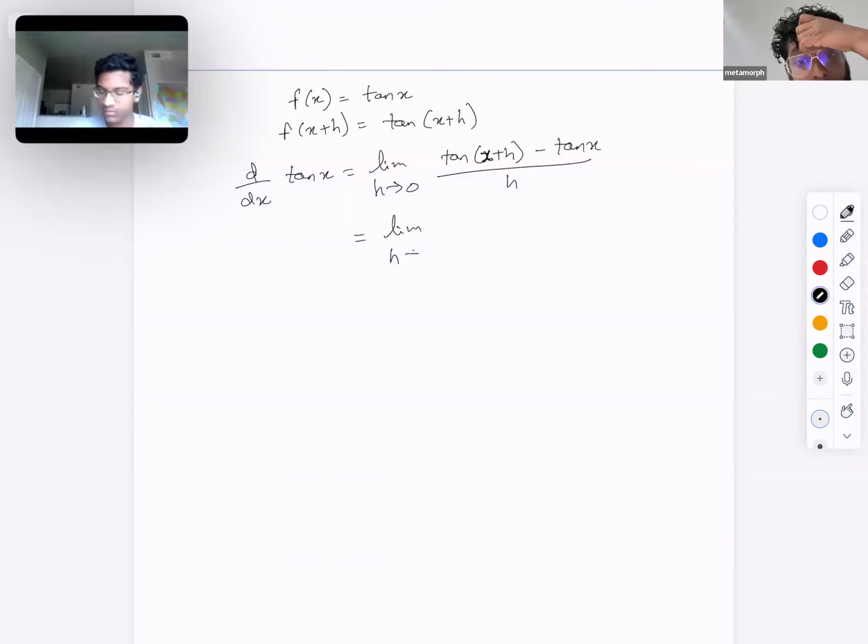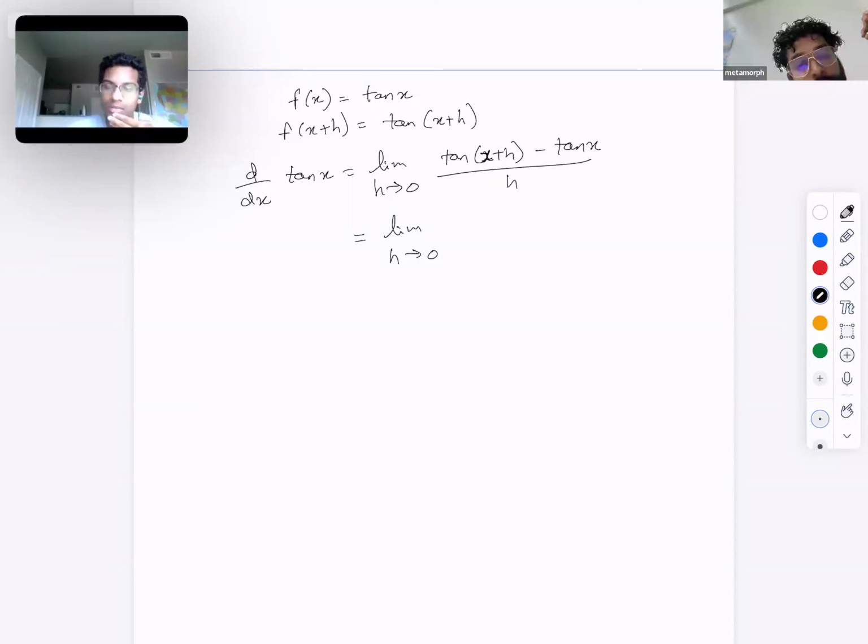Any clue? What formula can I use? Immediately two things came to mind. Tan is sine by cos, and also a separate formula for tan (a plus b). So what I'm going to do is convert the tan into sine divided by cos.